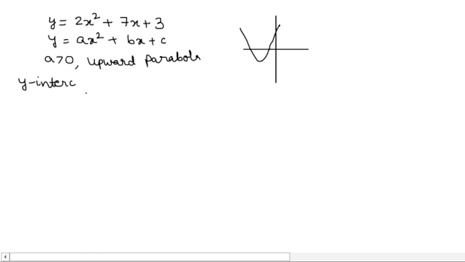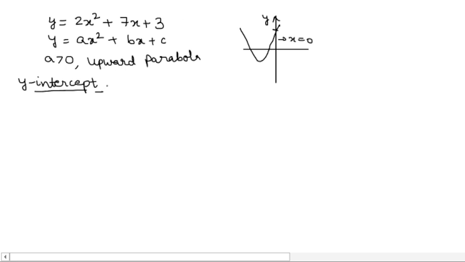So my y-intercept is the point where the parabola touches or intersects the y-axis. This is the y-axis, this is the parabola, and this is the point where your parabola is intersecting the y-axis. So this is called the y-intercept. If you see, along the y-axis, x is always 0.